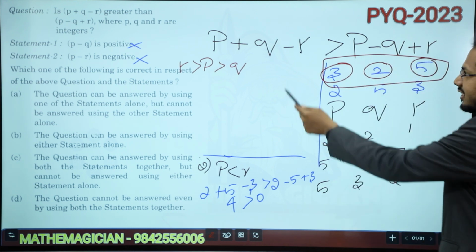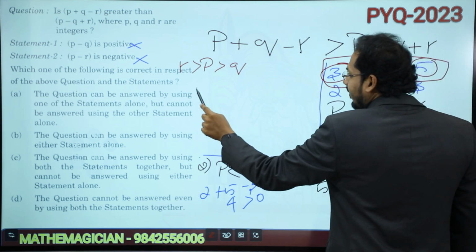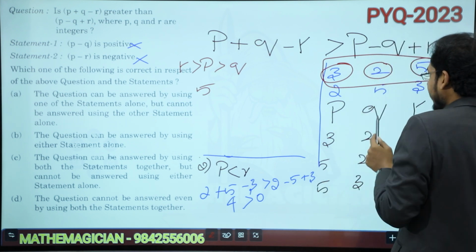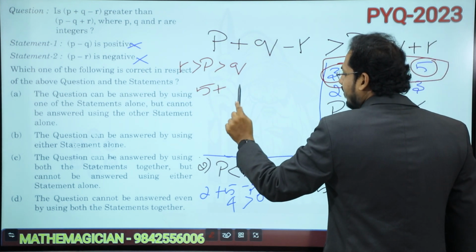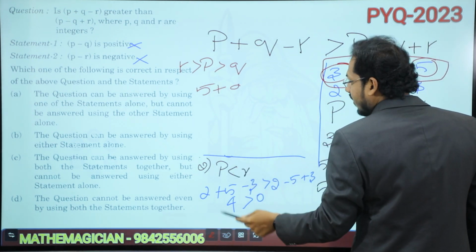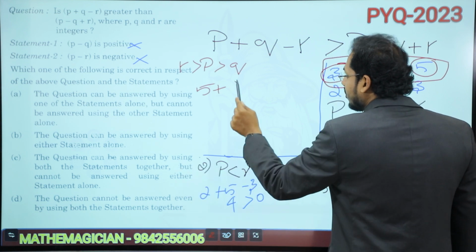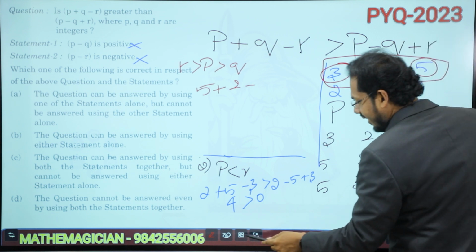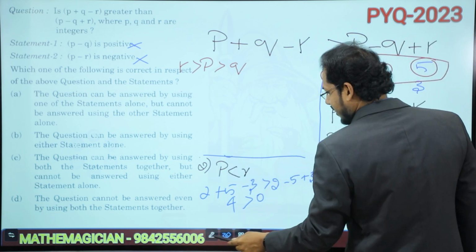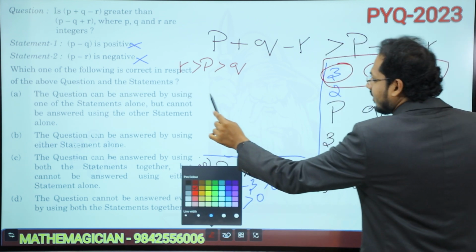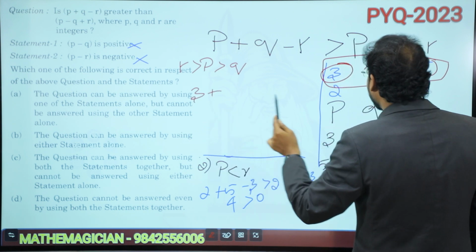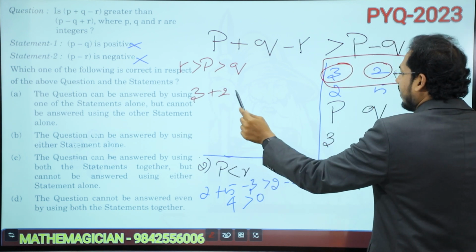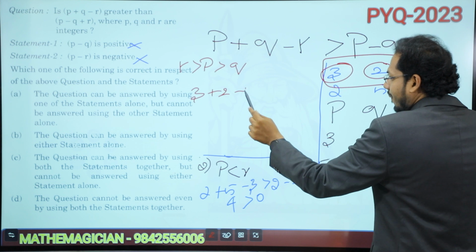Okay, just check this. Sorry, I had changed the numbers. Okay, here P is 3, then Q is 2, minus R is 5, right?